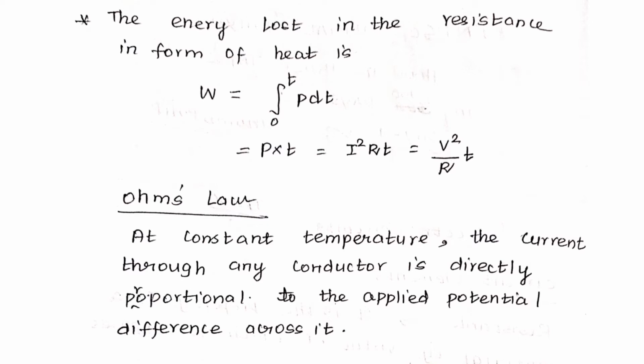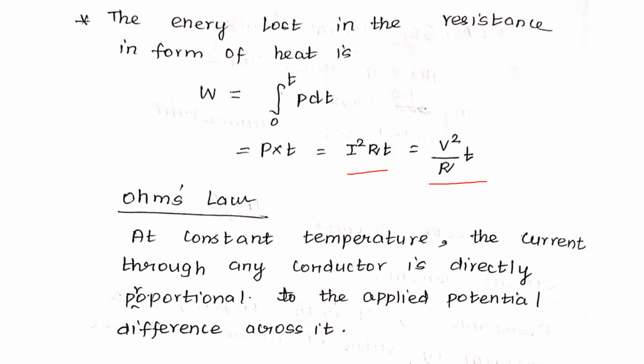Next, the energy lost in the resistance in the form of heat is W equal to integral from 0 to T of P dt, and the integration of dt is T. So P into T. Two formulas of power are there, one is I square R and another one is V square by R. So one is I square RT and the next one is V square by R into T.